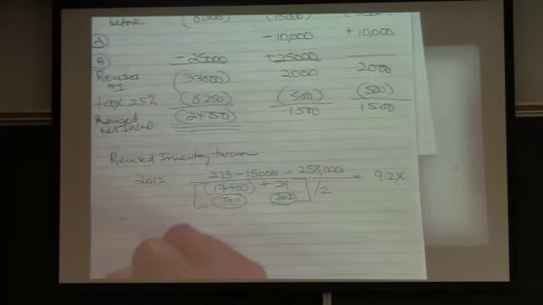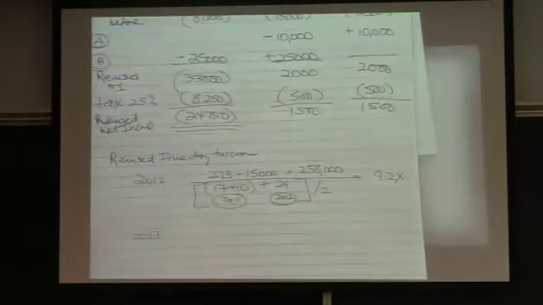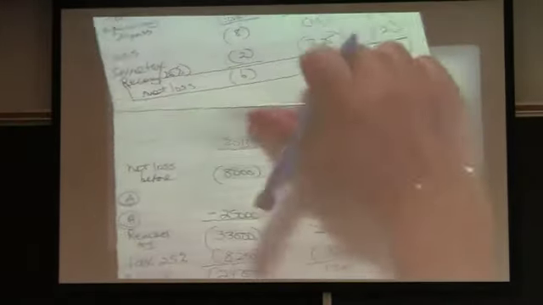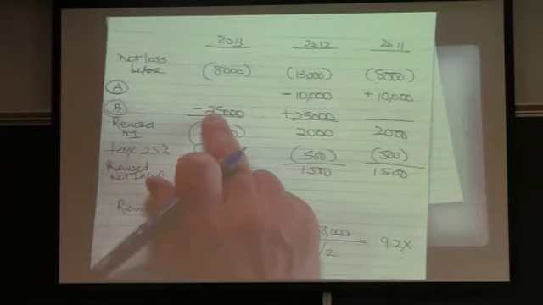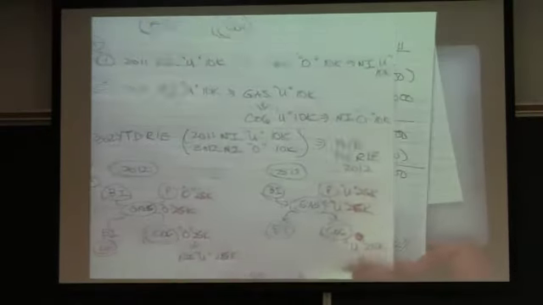For 2013, you'll see that the cost of goods sold for 2013 was $258. Now, there was one effect, which is $25,000. And we know that netting, so what happened to $25,000 in 2013?